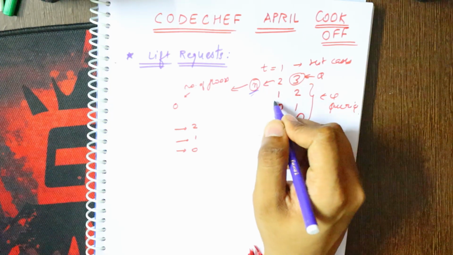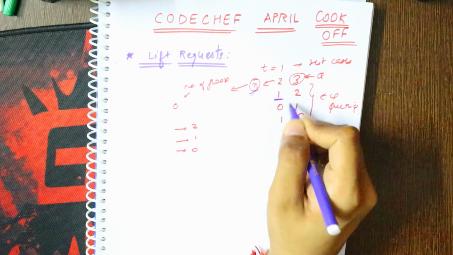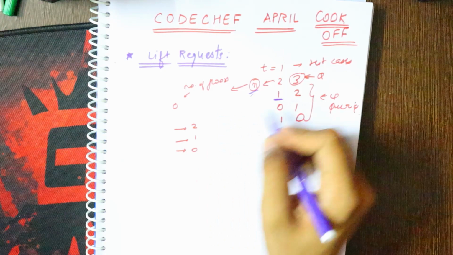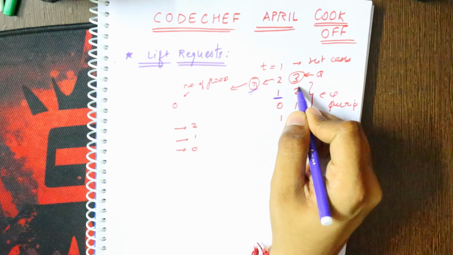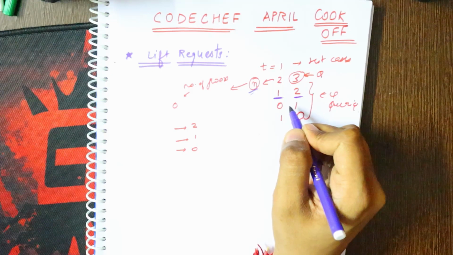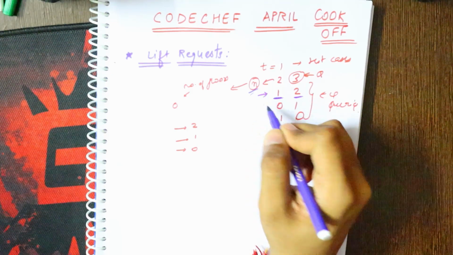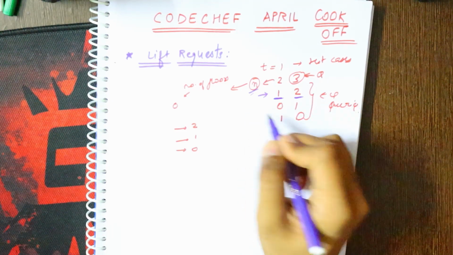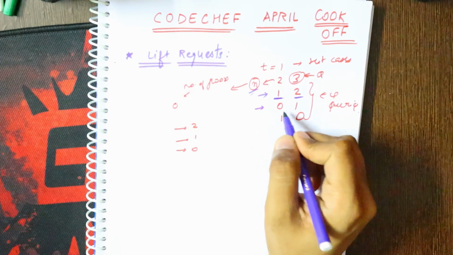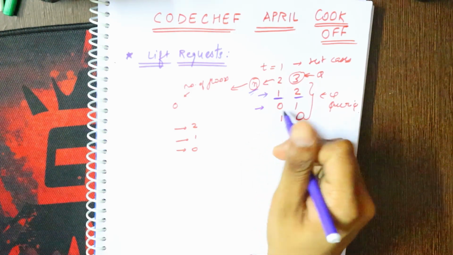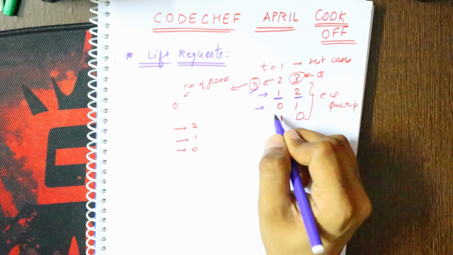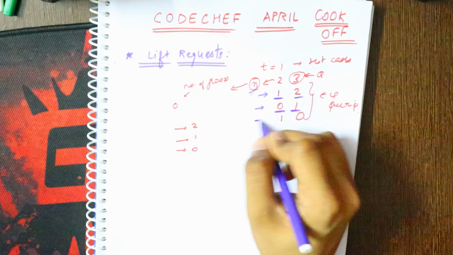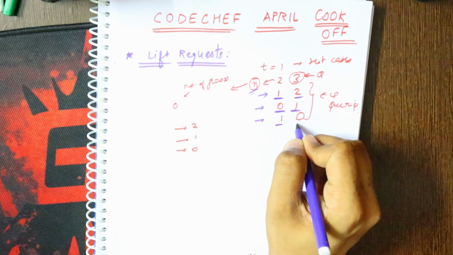The lift starts from a floor, and it picks up some students, and it goes to another floor. After step 1 is completed, it goes to step 2, where the lift goes to the next place, and after that to the next place, and after that to the next place.